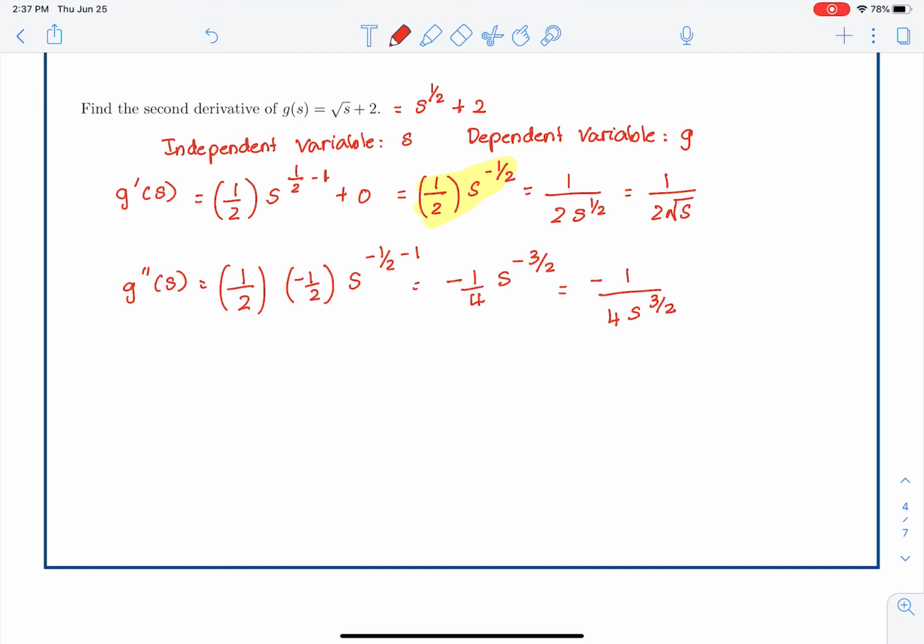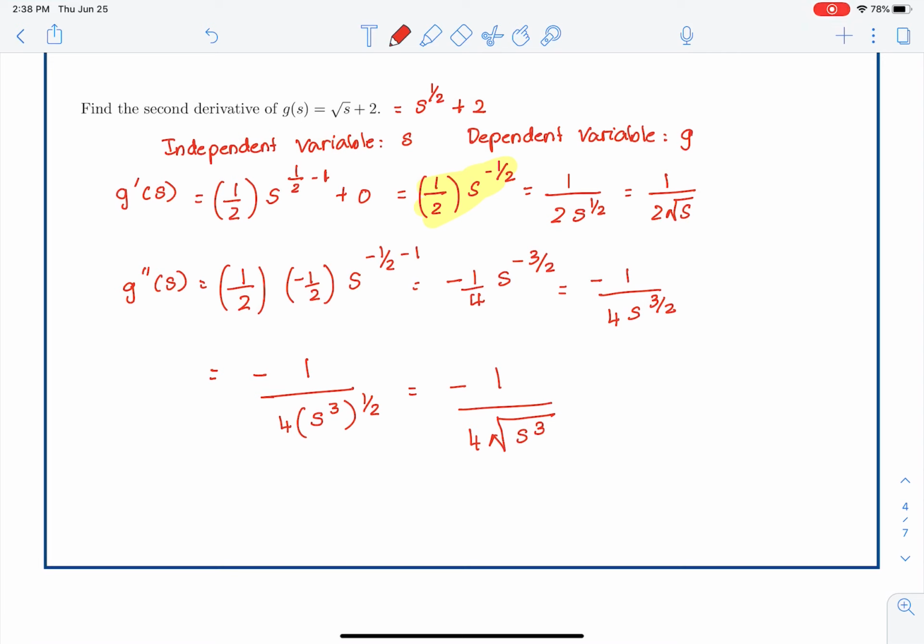There are multiple ways to write s raised 3 over 2, but I am going to show you one way. I could write s raised 3 over 2 as s cubed raised 1 over 2, which would be negative 1 over 4 square root of s cubed.